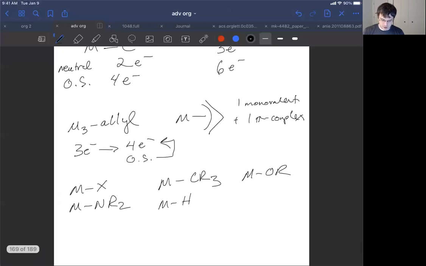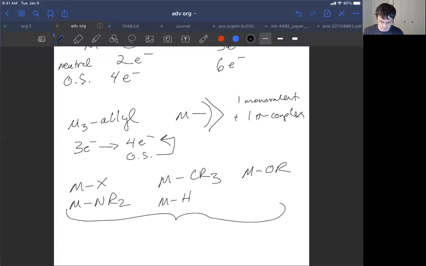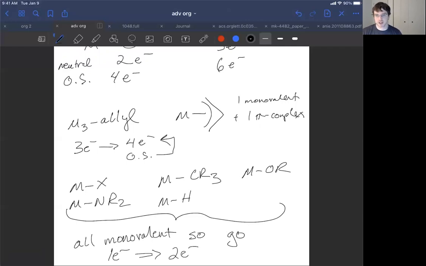All of these go from 1 electron in the neutral atom approach to 2 electrons in the oxidation state method of counting approach.